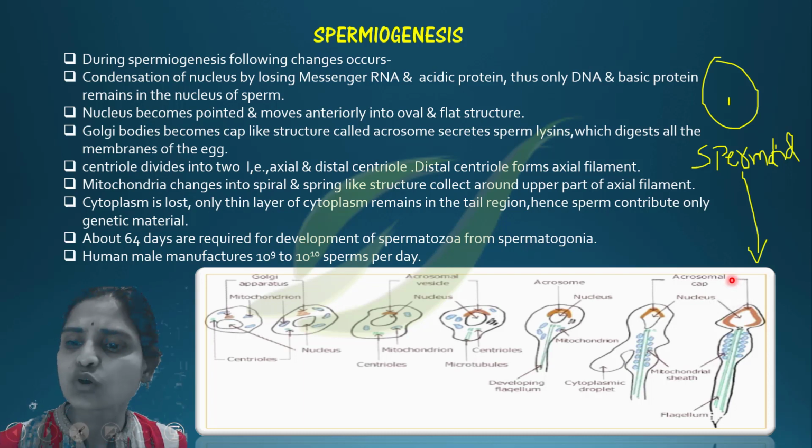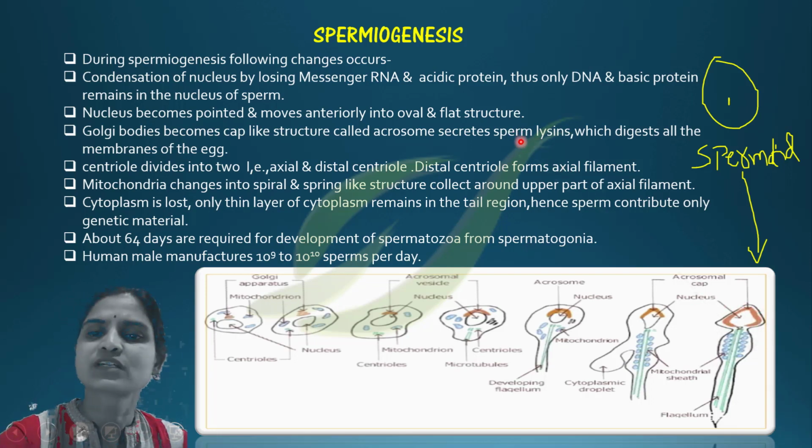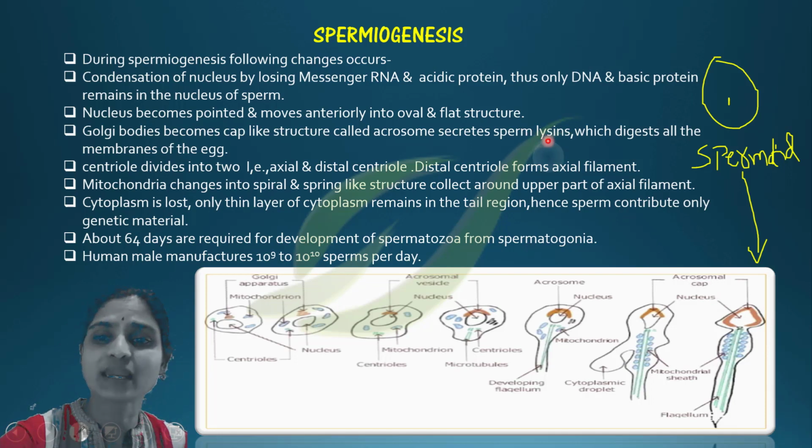This acrosomal cap is nothing but the Golgi body, which has changed its formation into a cap-like structure called the acrosome. This acrosome will have sperm lysins, which consist of enzymes. So the Golgi body will be occupied with sperm lysins, which are nothing but enzymes.